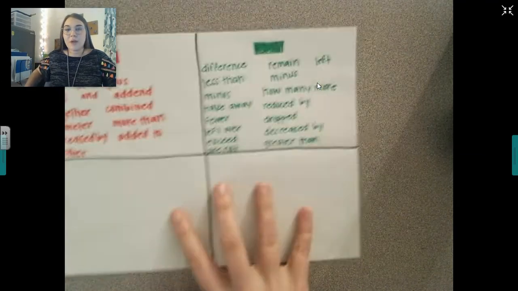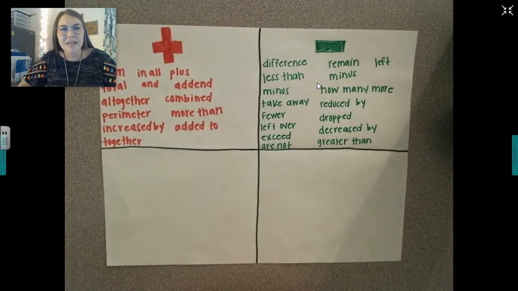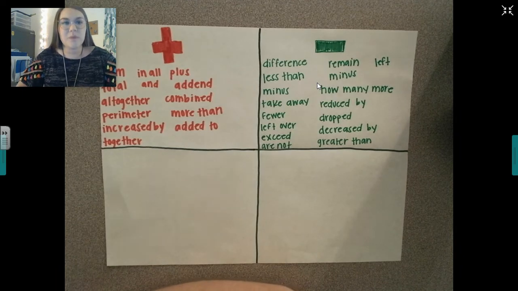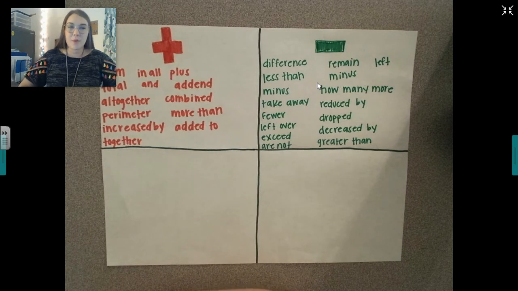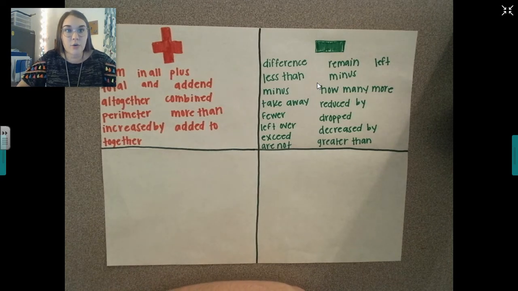So today, just like yesterday, we are going to talk about addition and subtraction word problems, using the UPS model, but some of them are multi-step. So I just want to remind you that there are some key words that we use in addition and subtraction that tell us that the word problem is asking for either addition or subtraction.